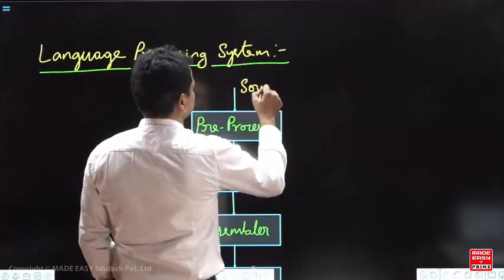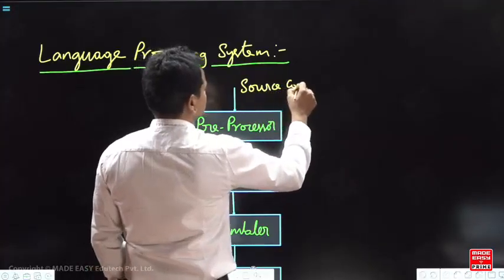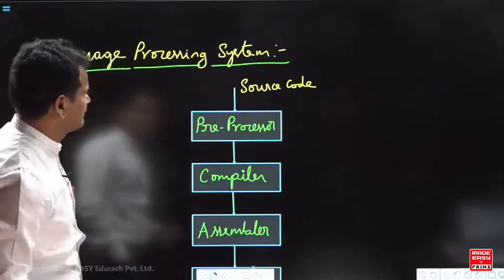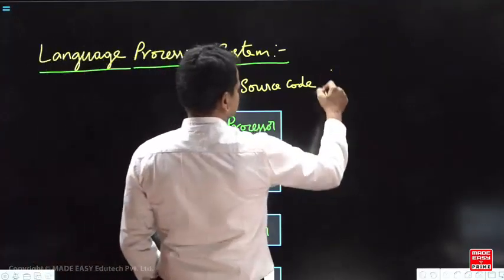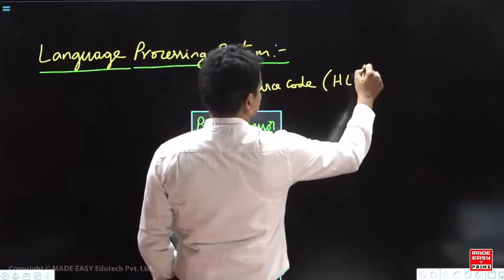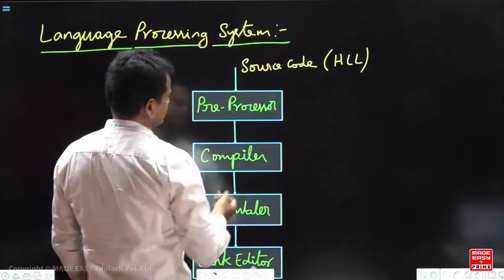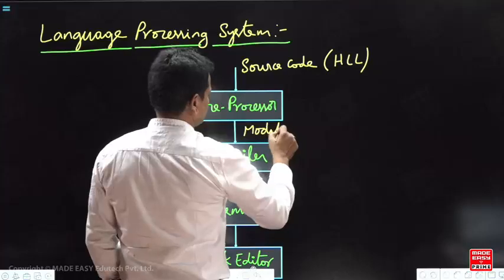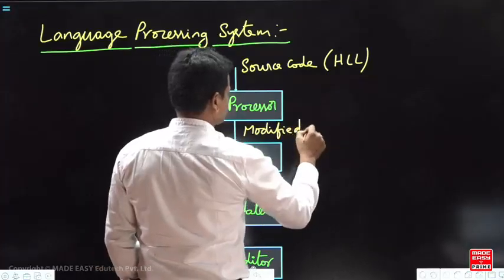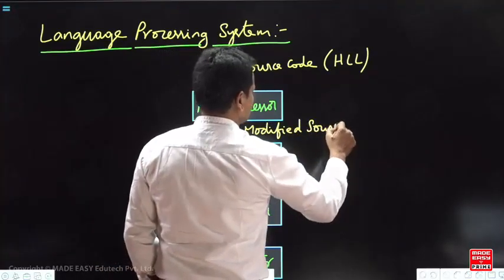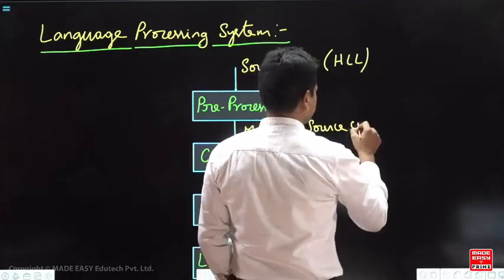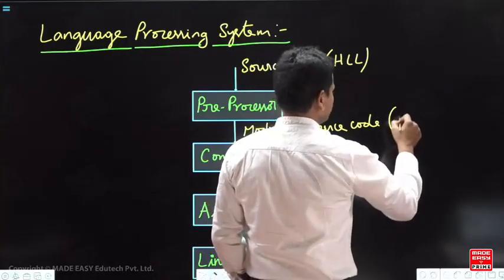Source code is given to the preprocessor. This is high level language. It gives the output as modified source code, which is pure high level language.